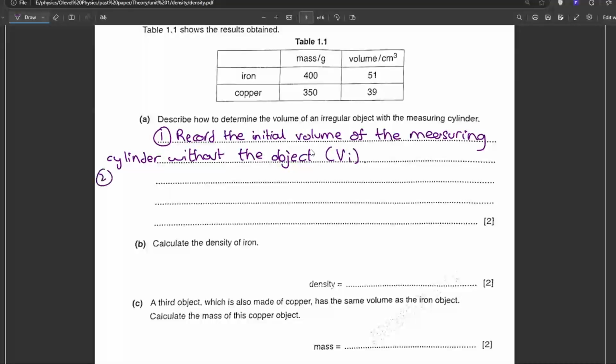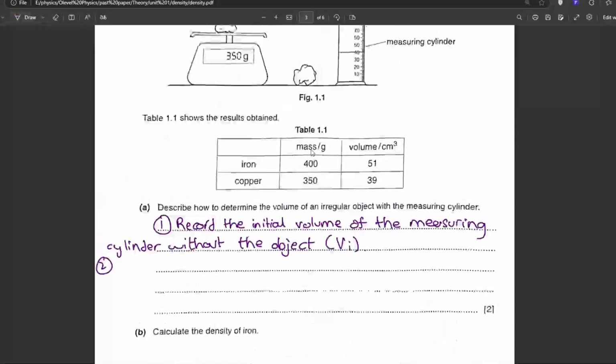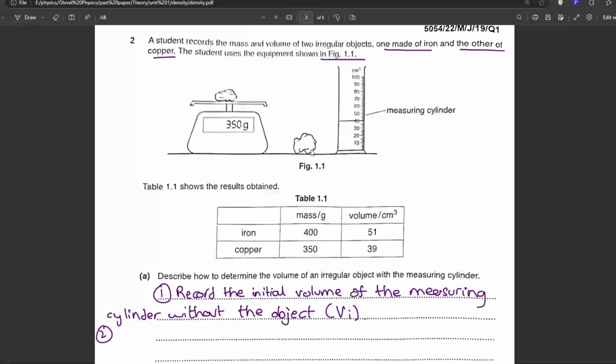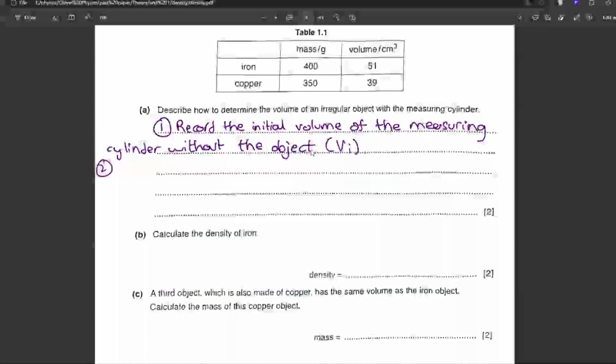Second step, you will say that immerse the object inside the measuring cylinder and measure the final volume VF.